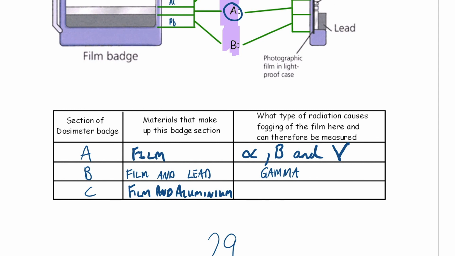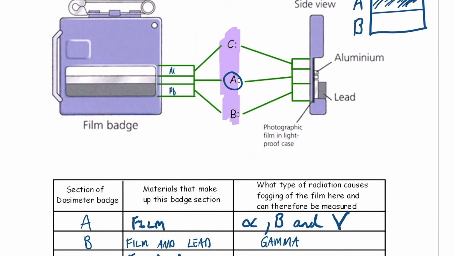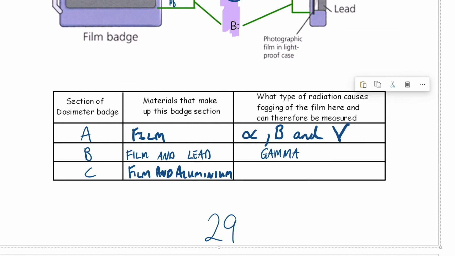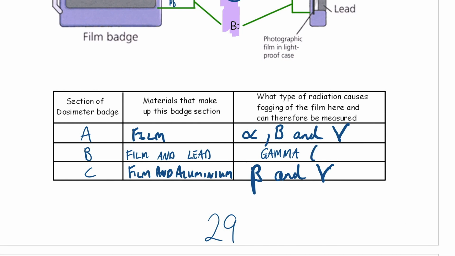Now, if you look at C, there's aluminium on part C, meaning that beta and gamma could get through, but not alpha, because aluminium would stop any alpha getting through.